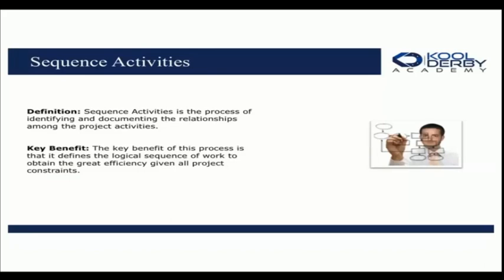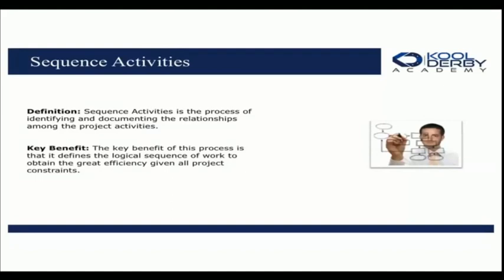The key benefit is that it defines the logical sequence of work to obtain the greatest efficiency given all project constraints. A constraint, by the way, just so we know, I know you probably know, but just always good to talk about it. A constraint is a limitation. So it's a limitation.